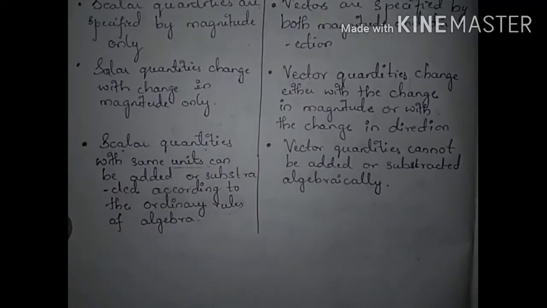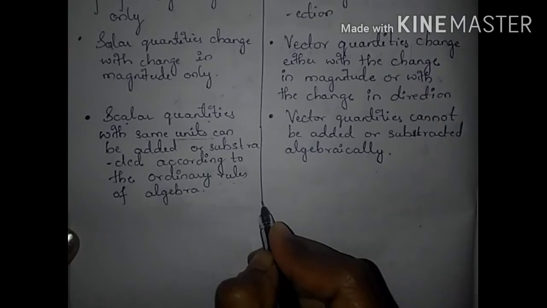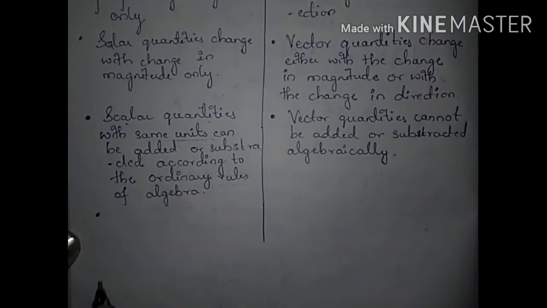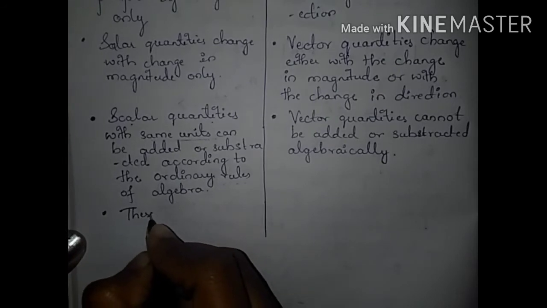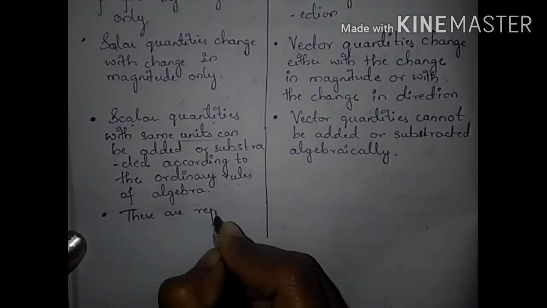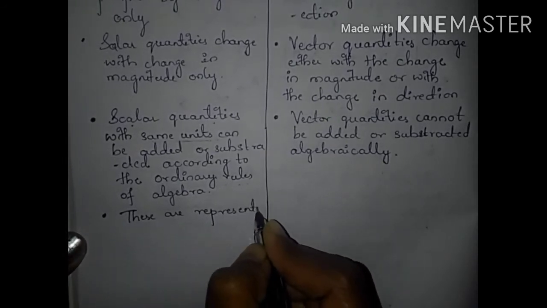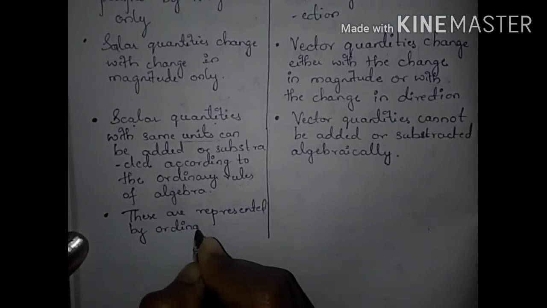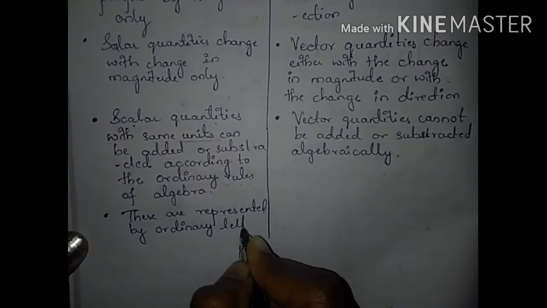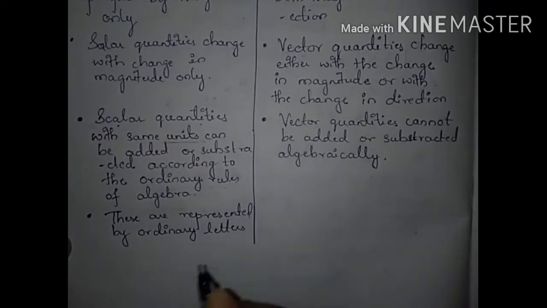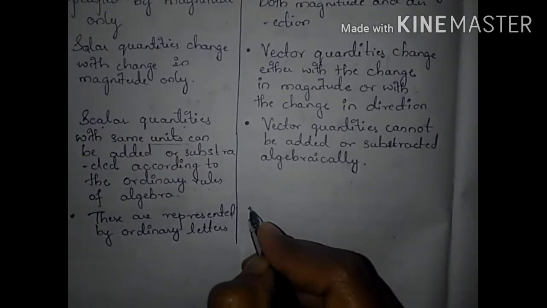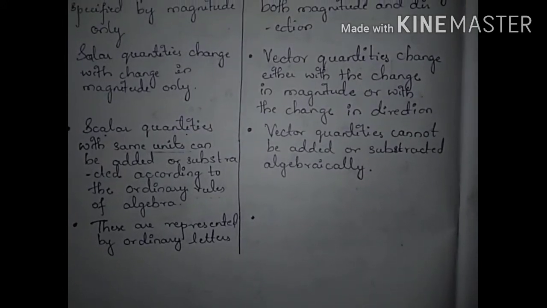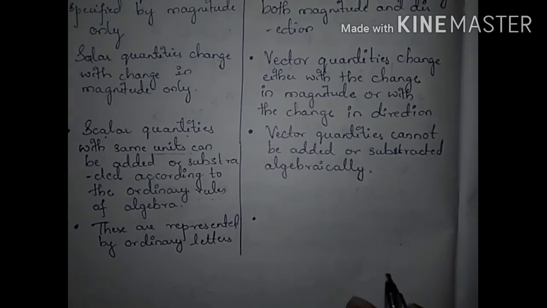Now for the representation of scalar quantities, you can use any ordinary letters. And for vectors, what you will do? You will give an arrow mark on the letter.